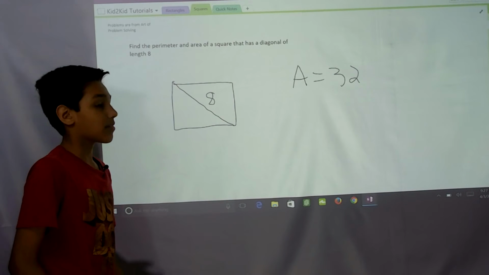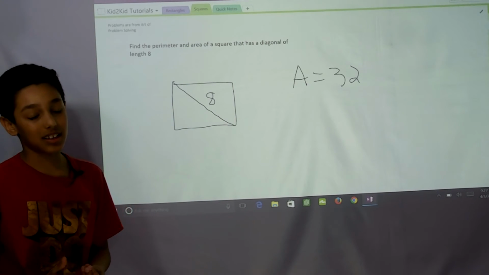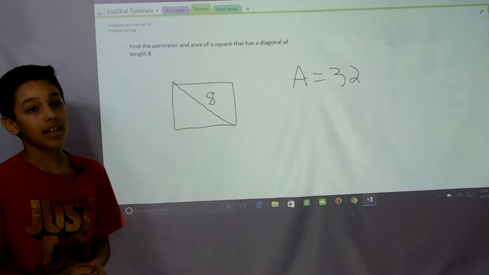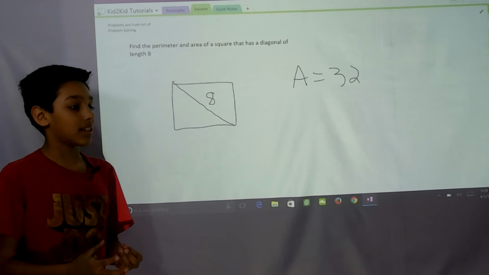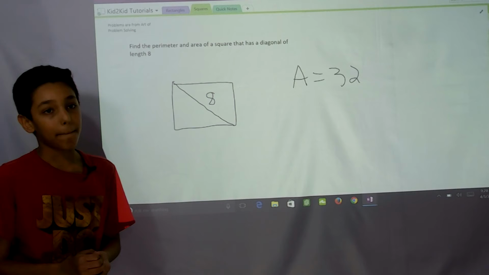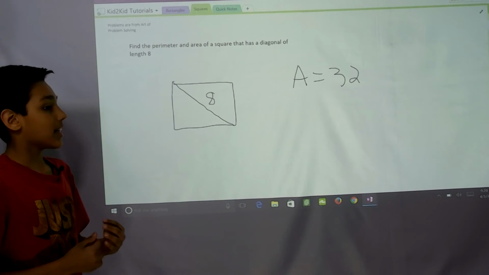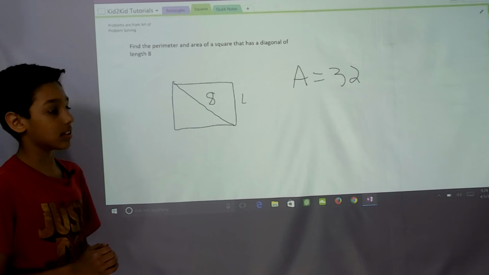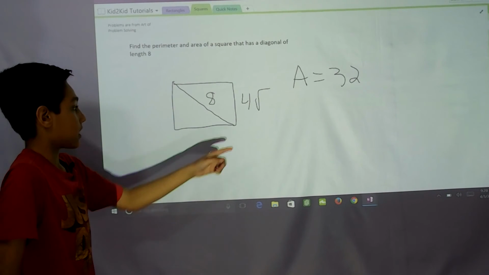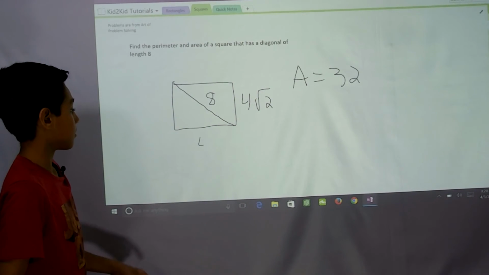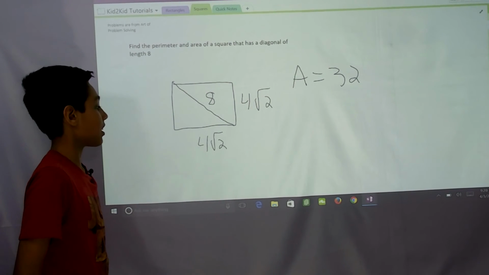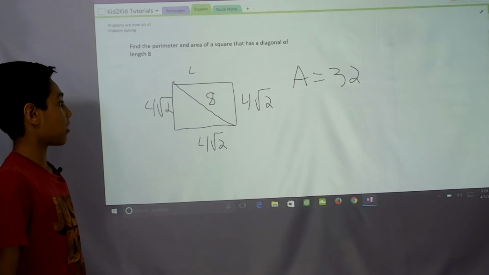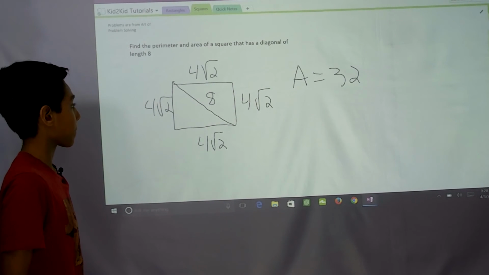And then if we rationalize the denominator, that means to multiply by the square root of 2 to make the denominator rational. And we have 8 times the square root of 2 divided by 2, which equals 4 square root of 2. So we know that the sides are 4 square root of 2. And that applies for the other sides because in the square, all the sides are congruent.